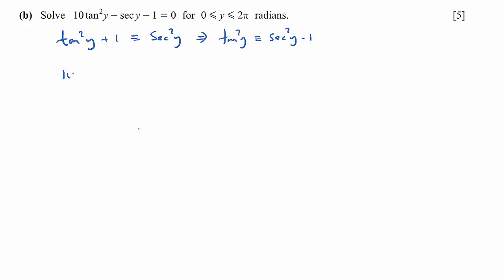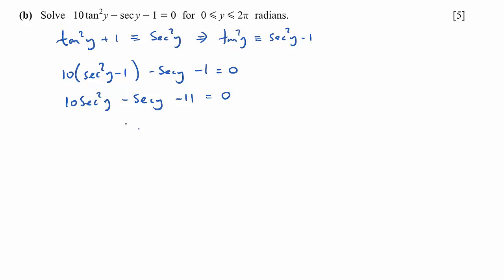So I can say that's 10(sec squared y take away 1), take away sec y, take away 1 equals 0. And so 10 sec squared y, take away 10, I'll put that with the minus 1 over here in a second. So take away 11 equals 0.